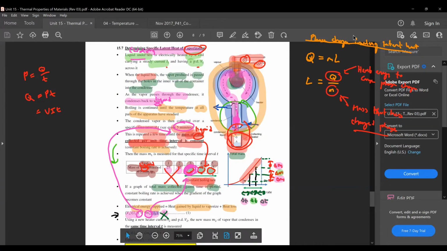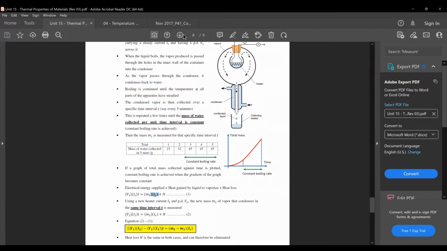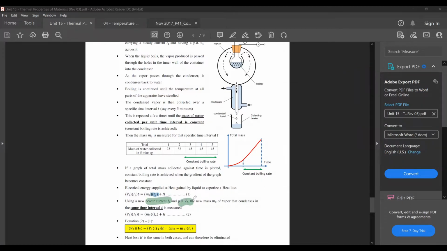We will use a new heater current I2 and voltage V2, so that this time the new mass M2 of vapor that has condensed is collected in the same time interval. So you use a new power setting with different current I2 and different voltage V2, and you collect the new mass of condensed vapor in the same time interval.